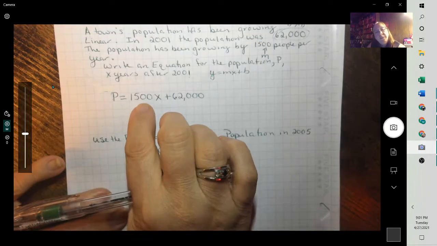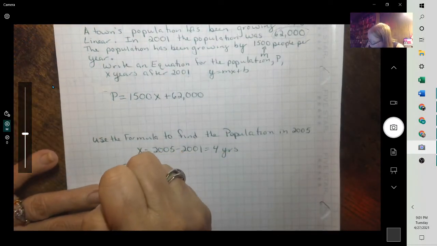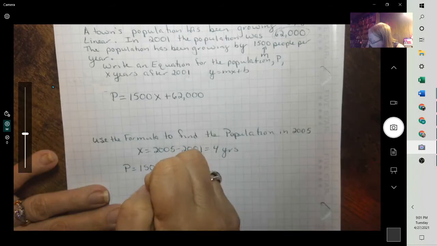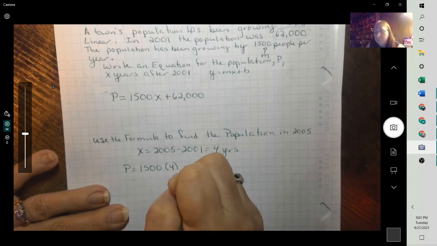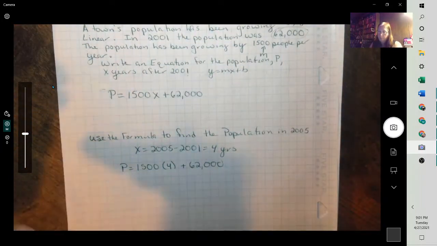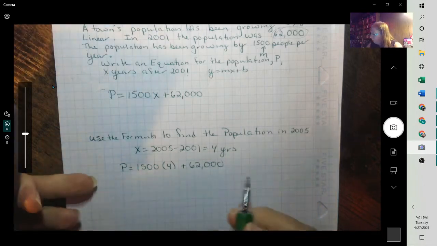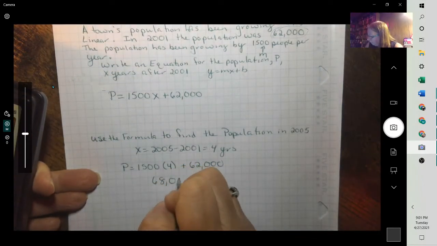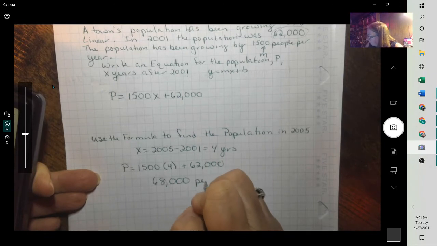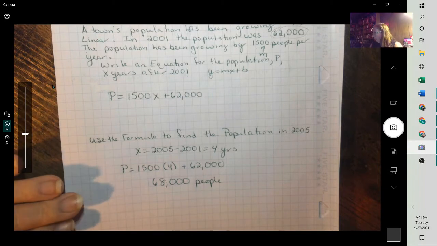That would be our X value that we want to plug in here, because it's 1,500 for each year and we're going 4 years. So 1,500 times 4 plus 62,000. So the population would be 68,000 in 2005.